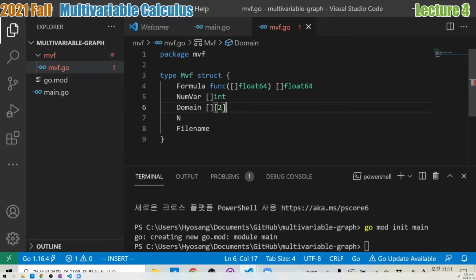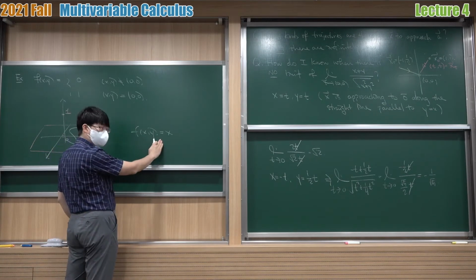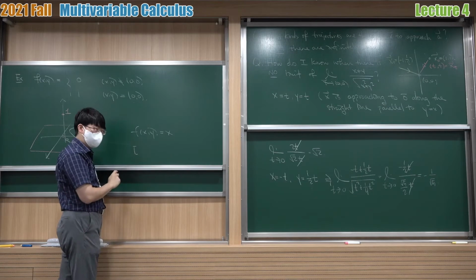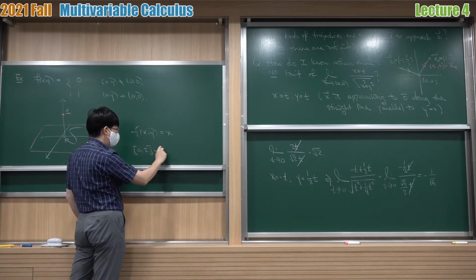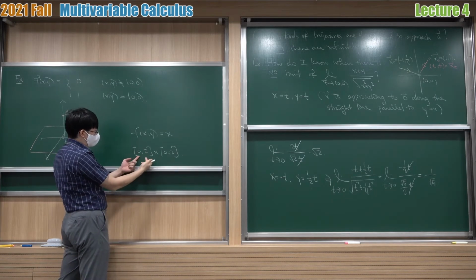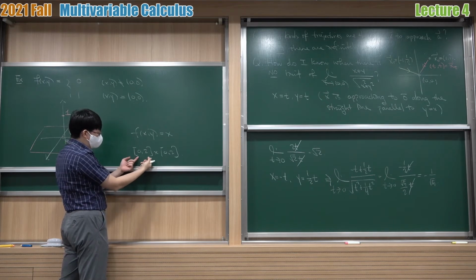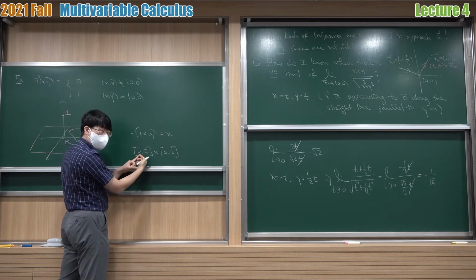I'm going to define an array of arrays, because whenever I have a multivariable function, my domain will look like the product of intervals. For example, in a two-variable function, I have to define the domain as the interval of x coordinates and y coordinates, right? So I'm going to take an array of two arrays, arrays which have two elements. An interval only has two elements, the starting point and the endpoint.